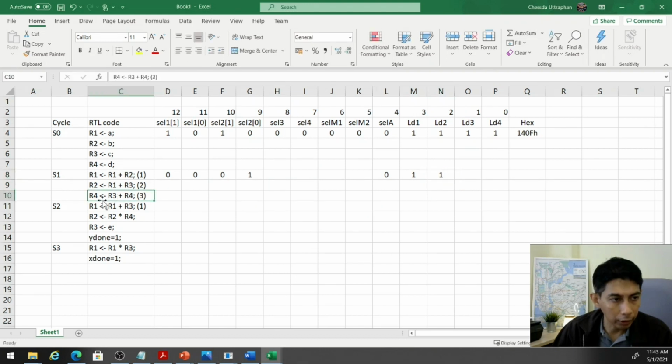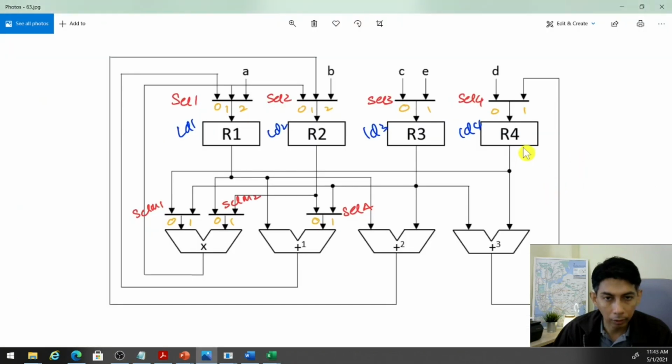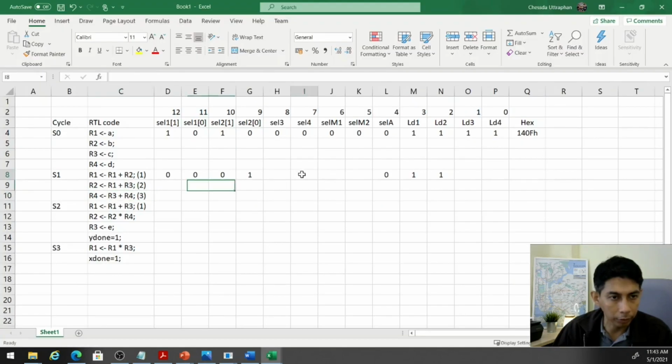And the last operation is for R4, from adder number 3. So from adder number 3 to R4, it should be this way, and SEL4 must be equal to 1. All right, SEL4 must be equal to 1.